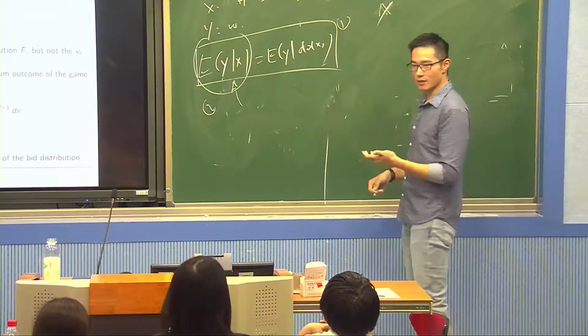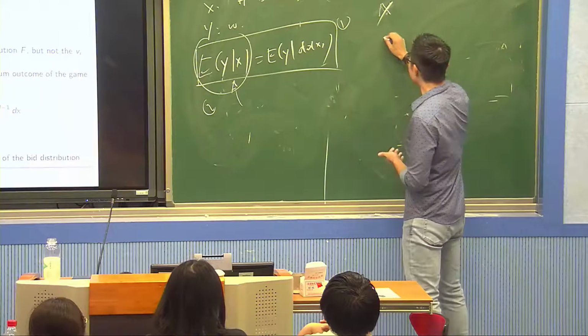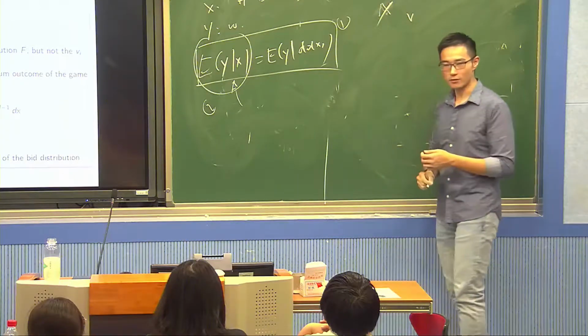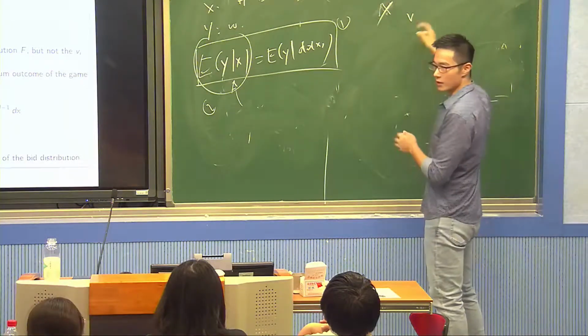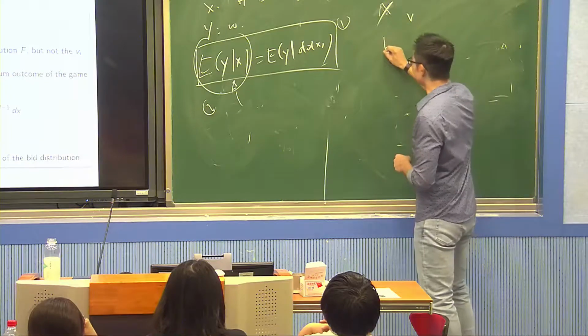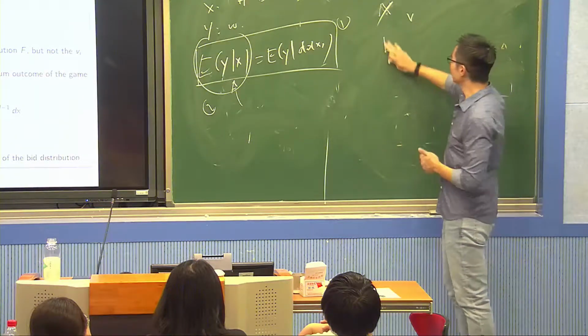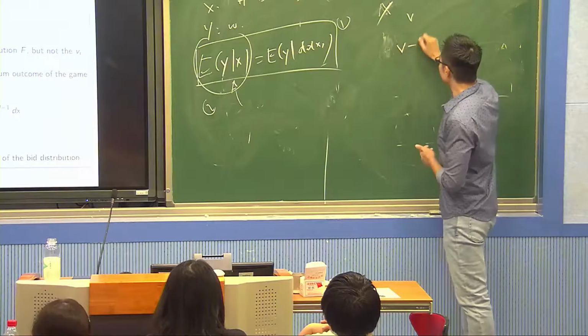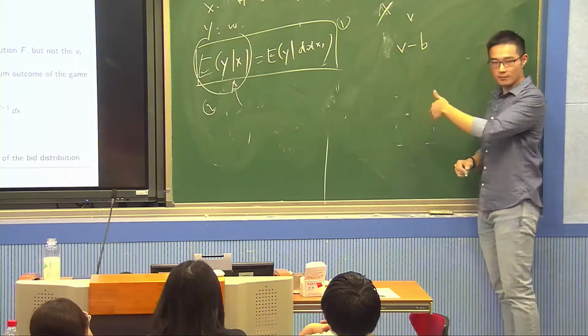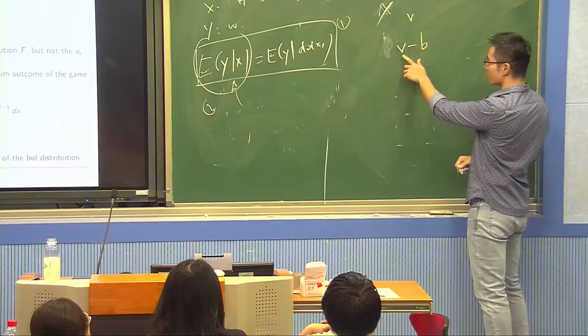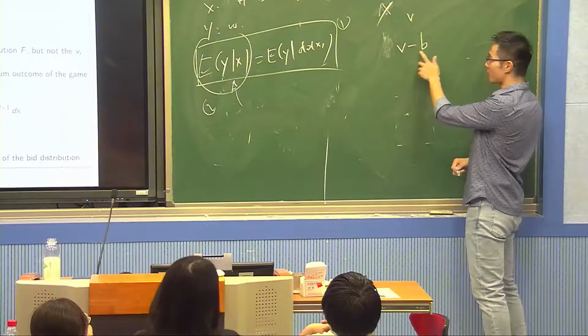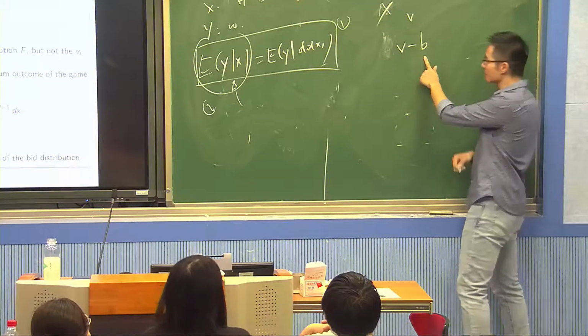Then what is everybody's strategy? Suppose everybody has an underlying value of how much the object is worth. B is my bid, V is how much I value the object. If I win the auction, then I get V, but I have to pay my B, because it's first price.